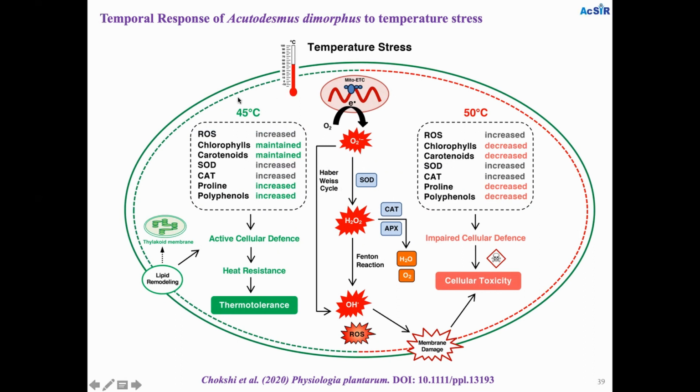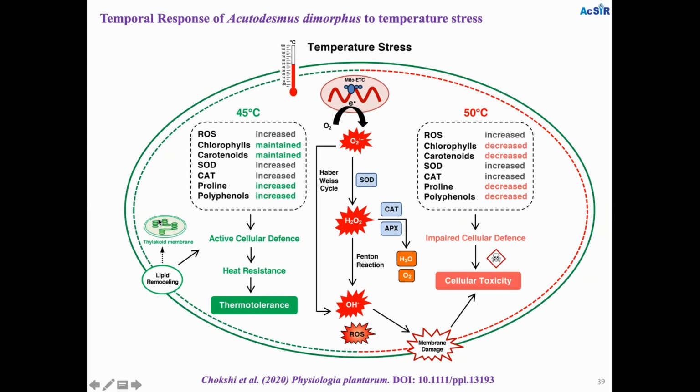At 45 degrees centigrade, we observed that the chlorophyll and carotenoid content were maintained or sometimes even increased, whereas the proline and polyphenol contents were increased. Whereas at 50 degrees centigrade, the chlorophylls were decreased and the proline and polyphenols were also decreased. And as I discussed previously, we observed remodeling of the lipid.